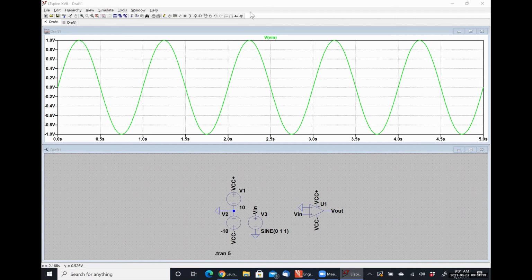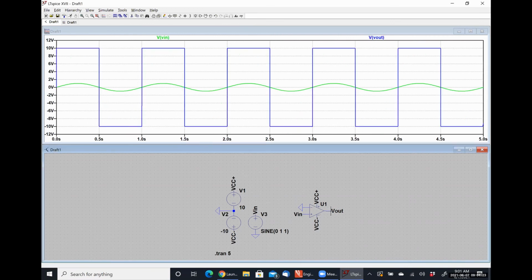because I set it up for 1 hertz. If I look at my output voltage, you are 100% correct. We have generated a square wave. This open loop configuration is how we can convert sine waves to square waves. And the height of the square wave is entirely dependent on our supply voltage.